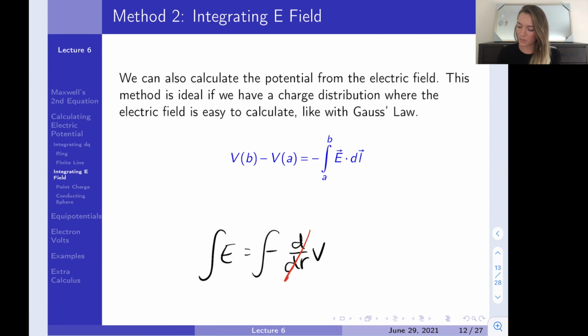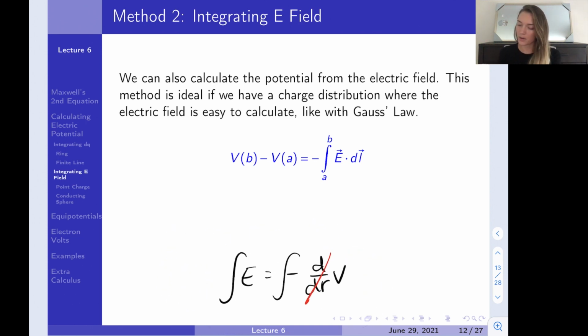So let's talk a little bit more about this form. Remember, we are going to need a reference point. Typically, your VA is your reference point, and it will typically be infinity. Not always, but 99% of the time, and we will see a case today where it is not infinity.